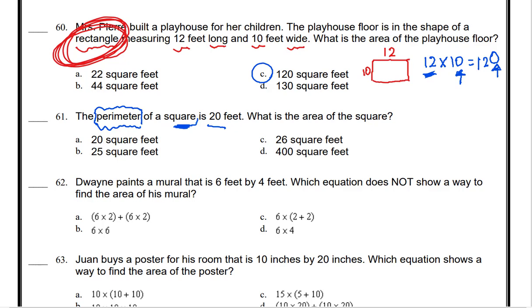Do you know what we mean by a square? When we say square, we mean that all sides are equal. Now, do you know the meaning of the word perimeter?